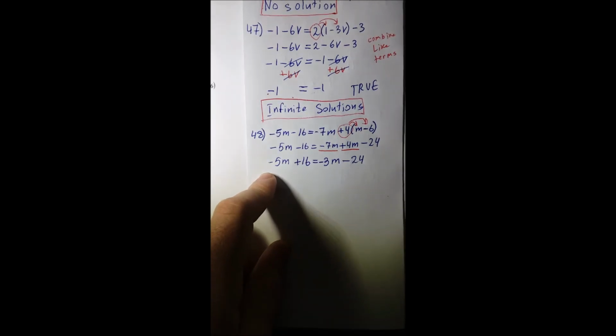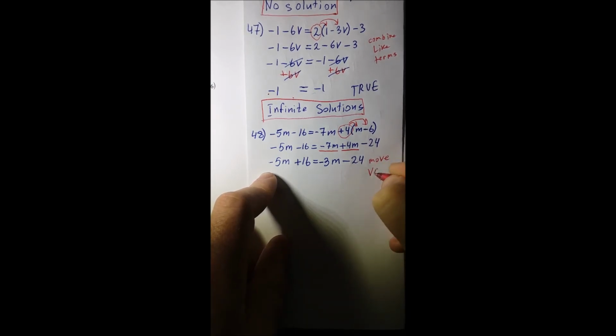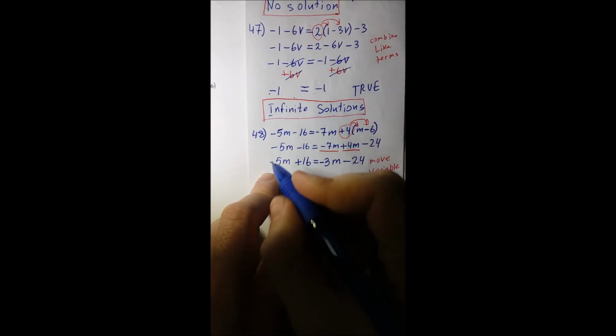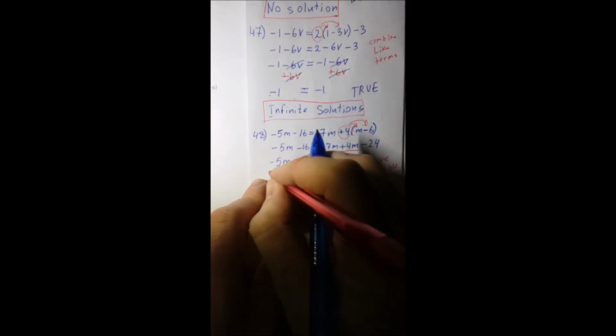Now, we need to move the variable to either side. I would say let's move variable to the right. Move variable to the right, which means now, where's the variable term?